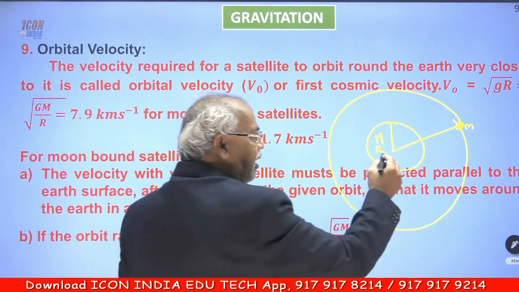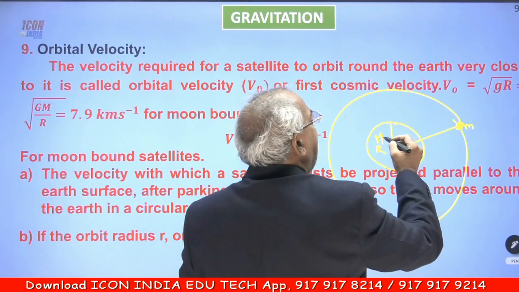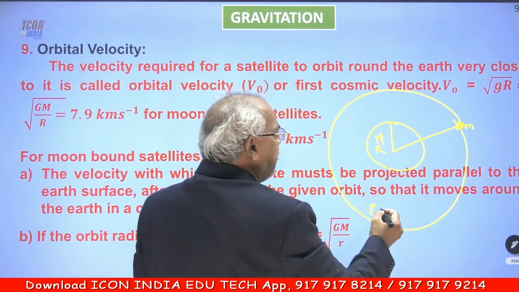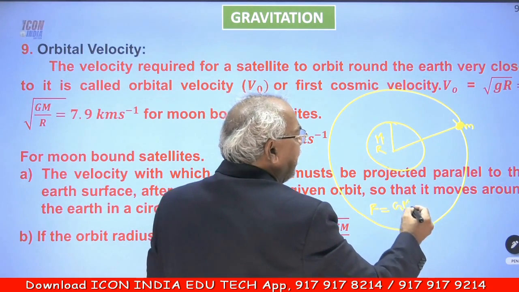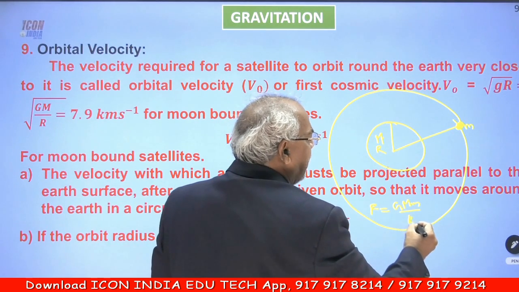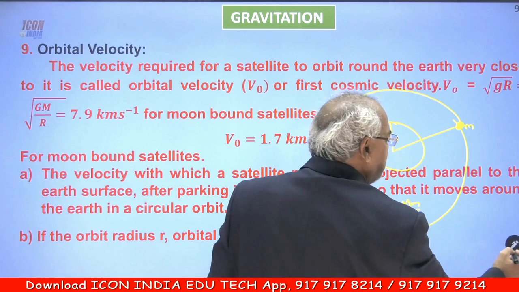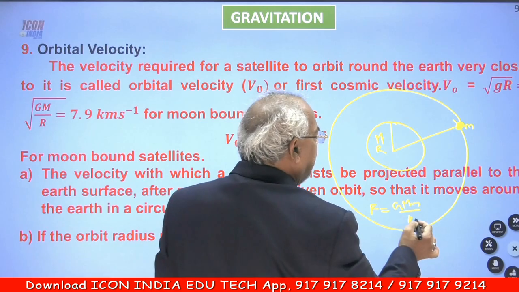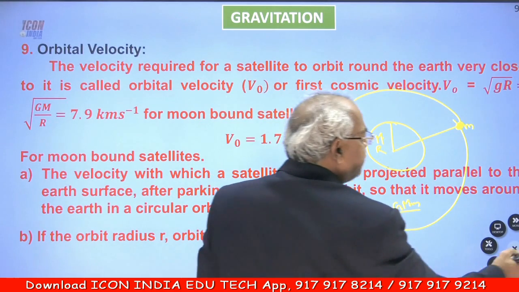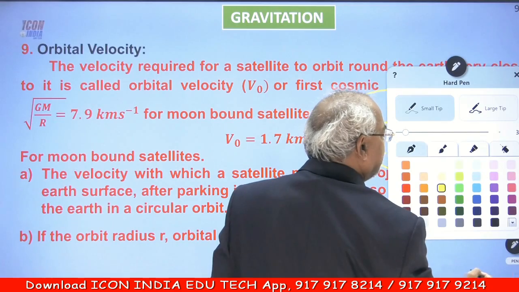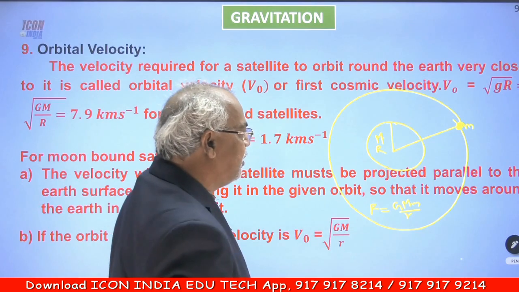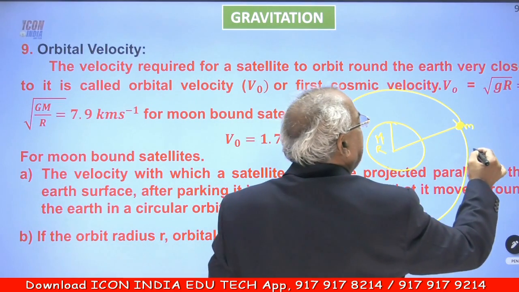A gravitational force between this earth and the satellite takes place, that is F is equal to GMm by r square, where here you are taking small r. Why? Because small r is nothing but R plus h.